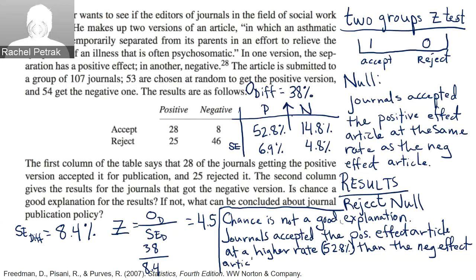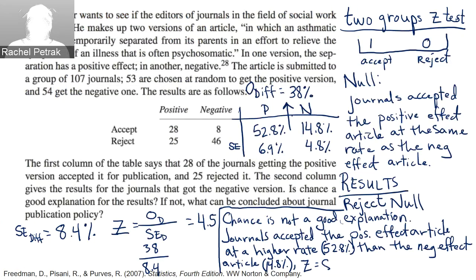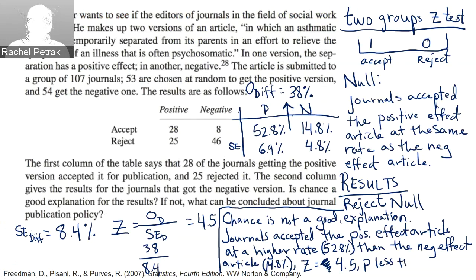And then give the acceptance rate for that one, 14.8%, comma, Z equals 4.5. P is less than 1%.